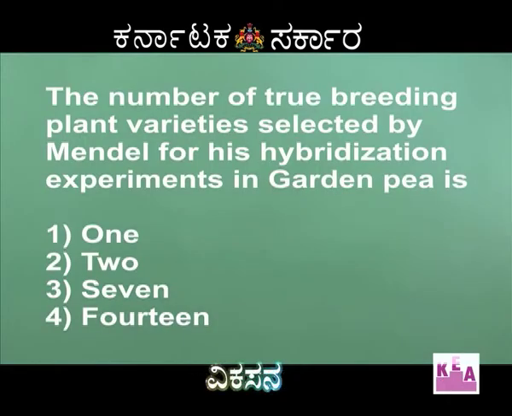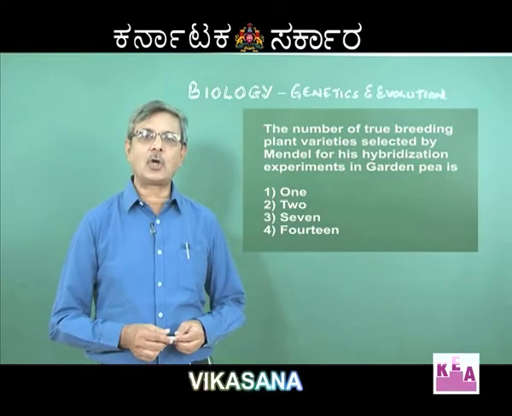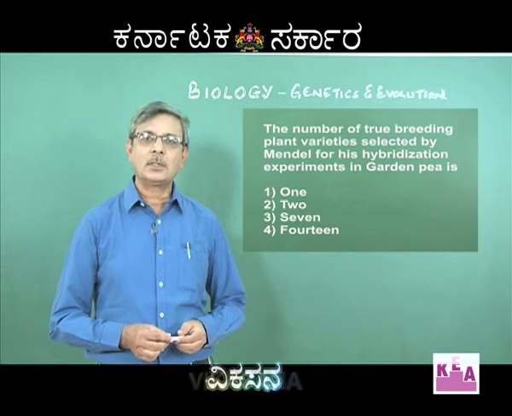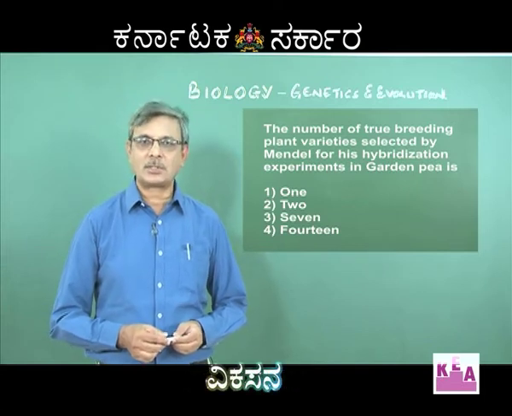The number of true breeding plant varieties selected by Mendel for his hybridization experiments in garden pea is: options 1, 2, 7 and 14. Remember, Gregor John Mendel is called the father of genetics.